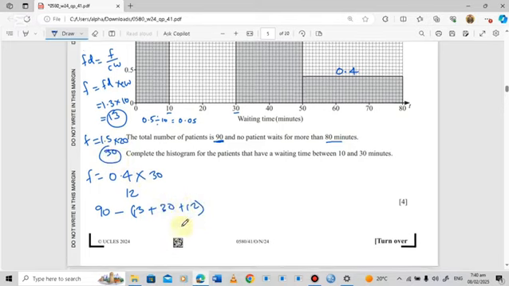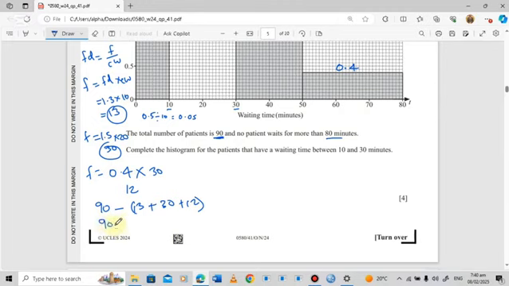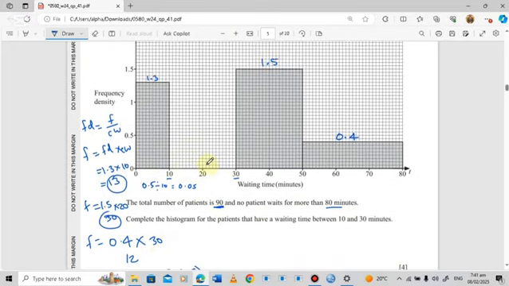So 13 plus 30 plus 12 is 55, and 90 minus 55 gives the answer as 35. Okay, so this is the frequency for the missing bar here.